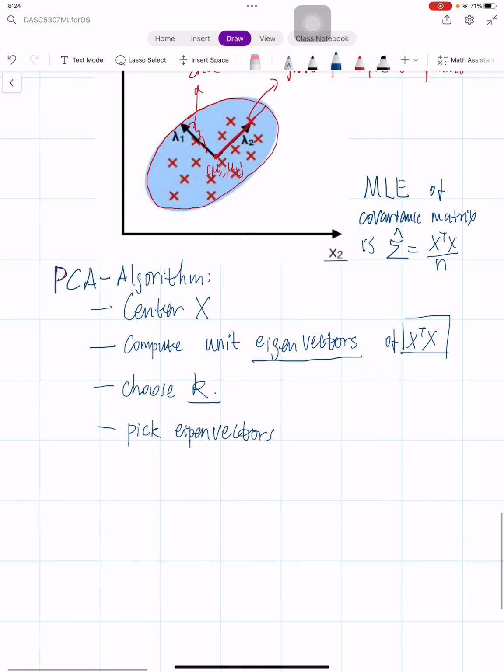Suppose we sort the eigenvalues, and we find the eigenvectors corresponding to the largest k eigenvalues.